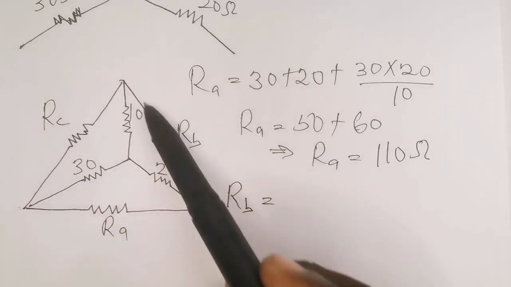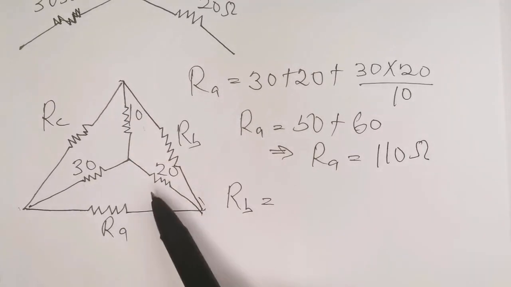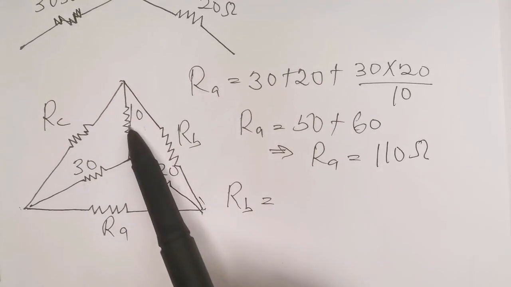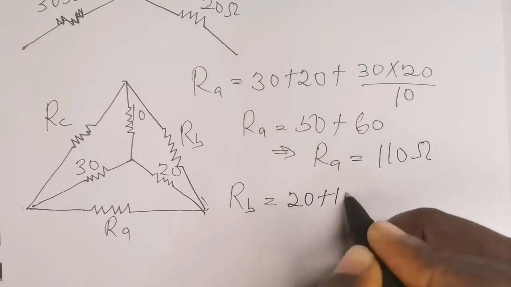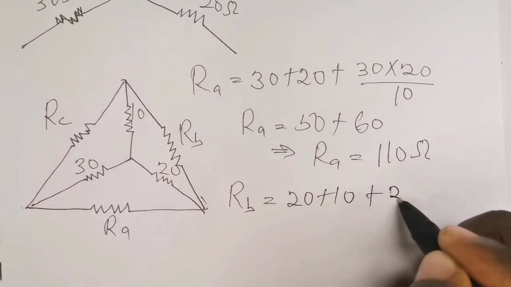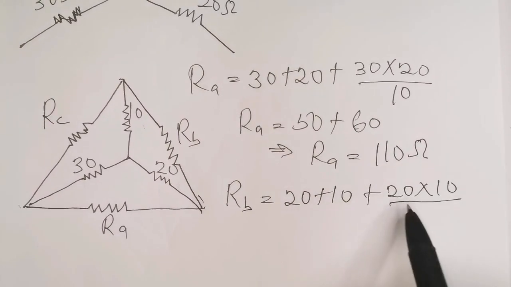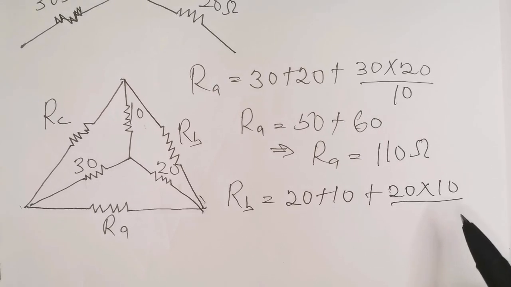The only resistors involved there are 20 and the 10 ohm resistor. So once again, you add them together, 20 plus 10, plus the product of the two, 20 times 10. Divide this value by the resistor which is not part of that triangle.